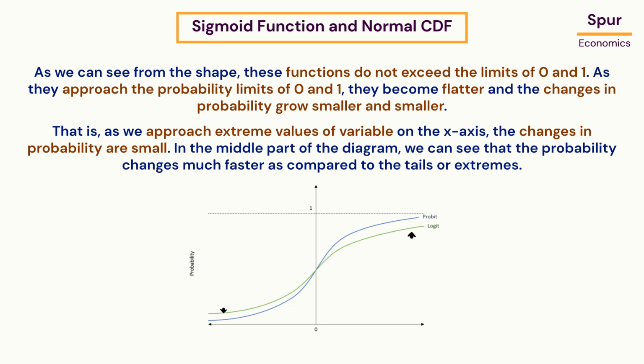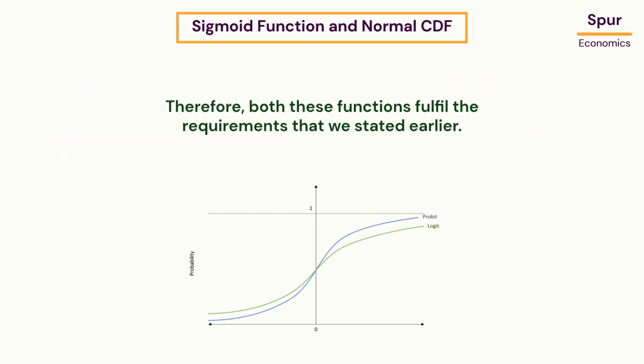That is, as we approach extreme values of variable on the x-axis, the changes in probability are small. In the middle part of the diagram, we can see that the probability changes much faster as compared to the tails or extremes. Therefore, both these functions fulfill the requirements that we stated earlier.